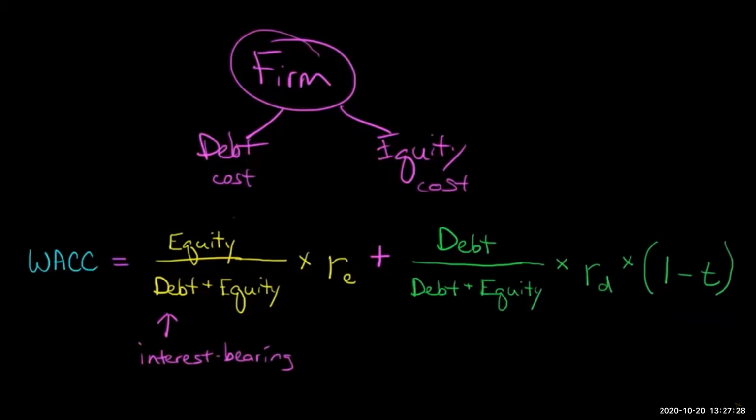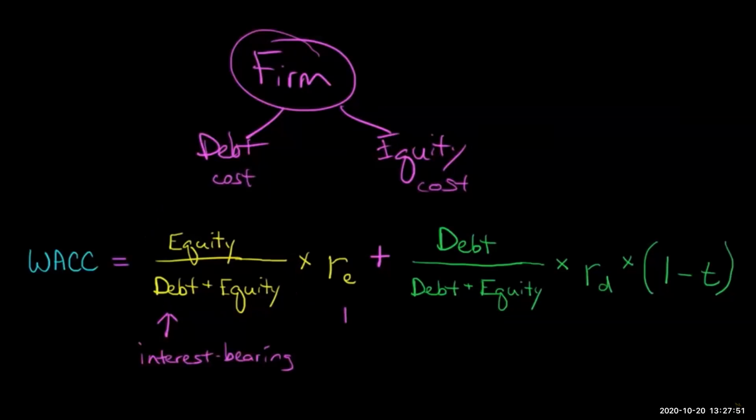So what we're trying to do here is calculate the proportion of the firm that is being financed by equity. Once we've got that proportion, this share of the financing attributable to equity, we multiply it by the cost of the firm's equity. That's what RE is commonly.